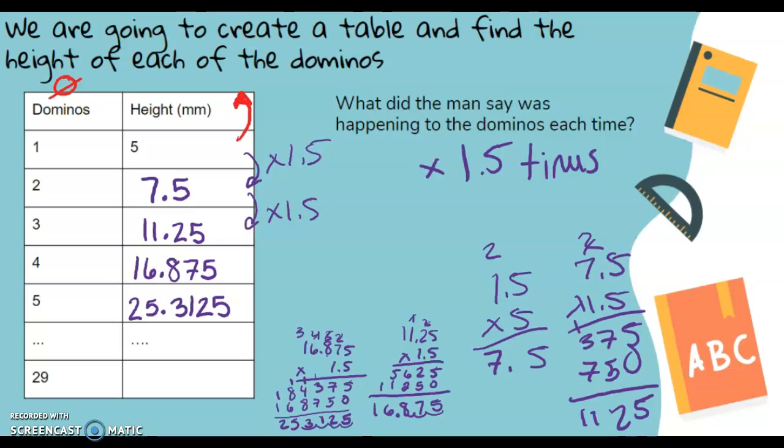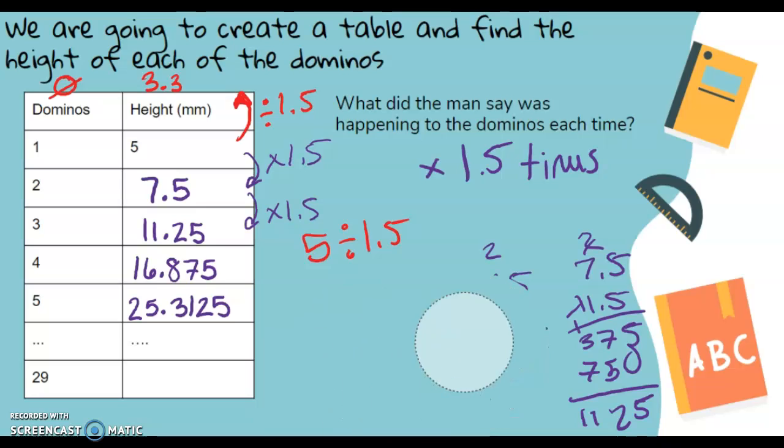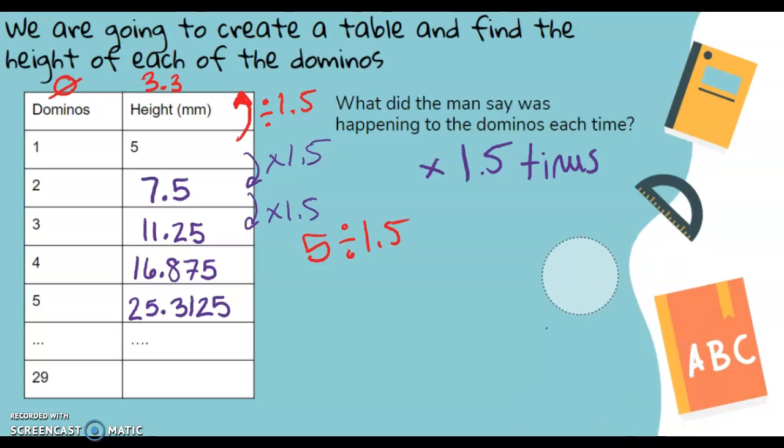The opposite of multiplication is division. So I'm going to take 5 and divide it by 1.5, and what I get is 3.33 continuing. So when I graph this, my y-intercept would be 3.3.